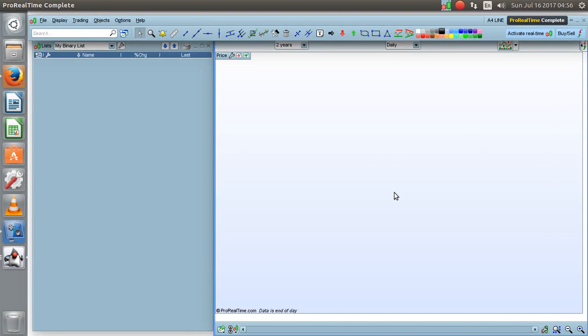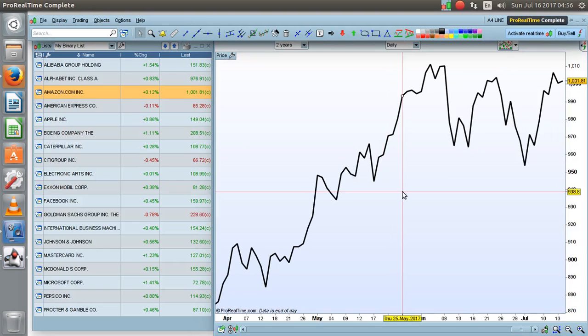Okay, here we are. This is a line chart of Amazon.com. So again, you can see, on this date, this is the closing price. On this date, this is the closing price. Everybody knows how to use the line chart because we've been using it since grade school, high school, whatever.